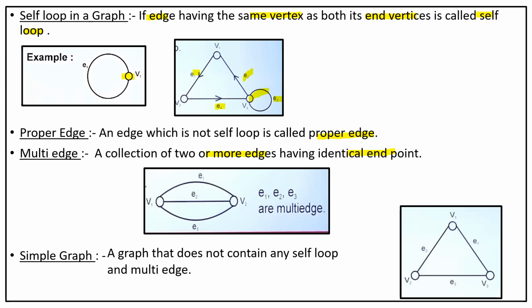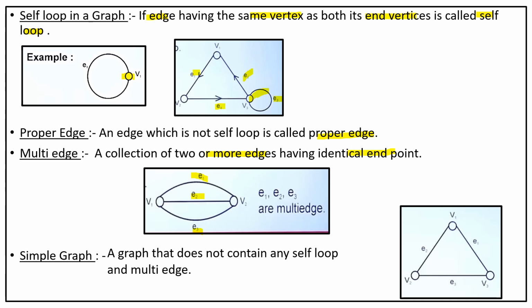If we consider this example, we can see that V1 and V2 are the two vertices which are connected to each other with the help of these three edges E1, E2 and E3. So E1, E2 and E3 have identical endpoints which are V1 and V2. So the collection of these edges is known as multi-edge.